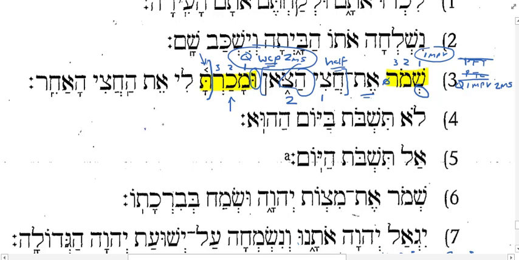And sell me et hachatzi ha'acher. And sell to me the half of the other. Okay? Or the other half. Here chatzi has the article, right? And that's why the definite direct object marker is used. Ha'acher is an adjective that is attributively modifying hatzi.